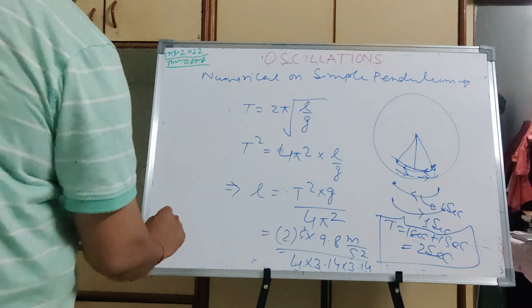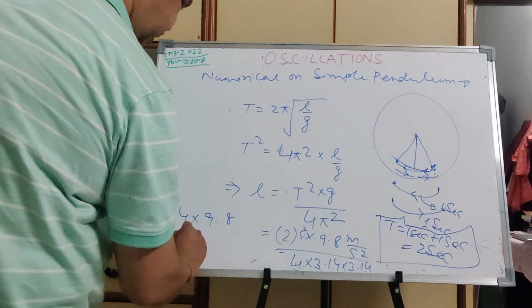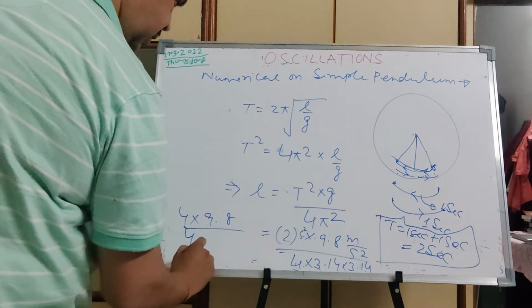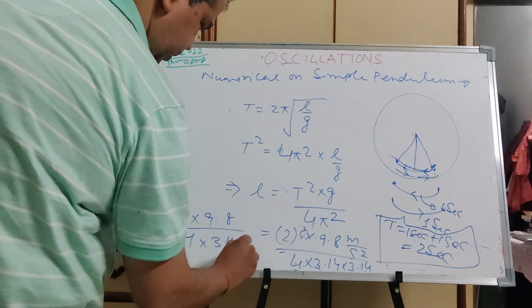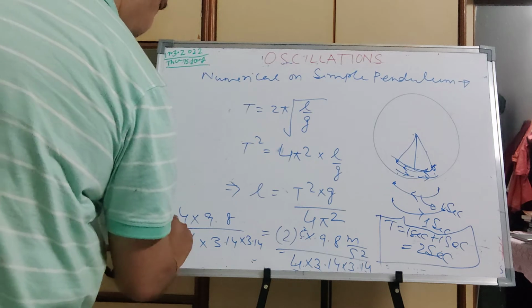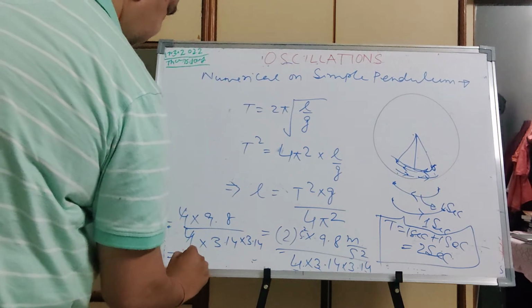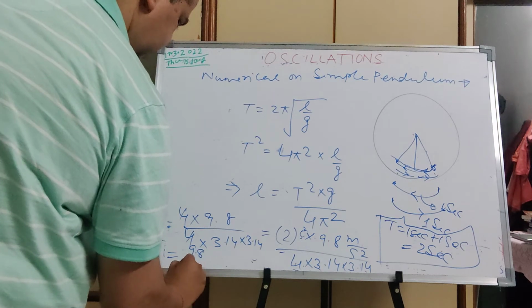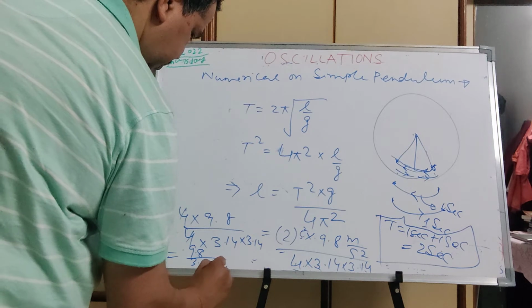So it becomes 4 into 9.8 divided by 4 into 3.14 into 3.14. So the length of the pendulum, the 4 cancels. So it becomes 9.8 divided by 3.14 into 3.14.